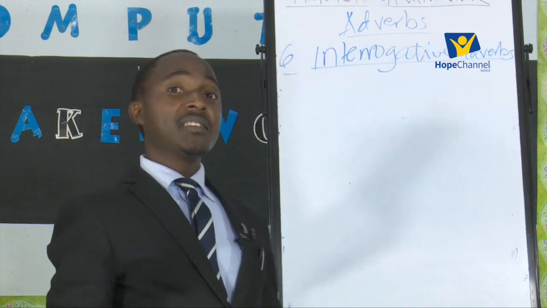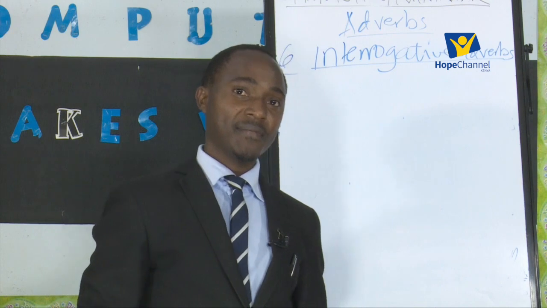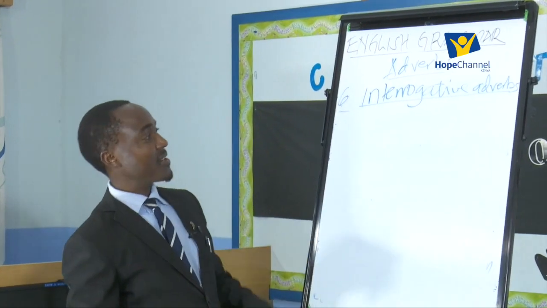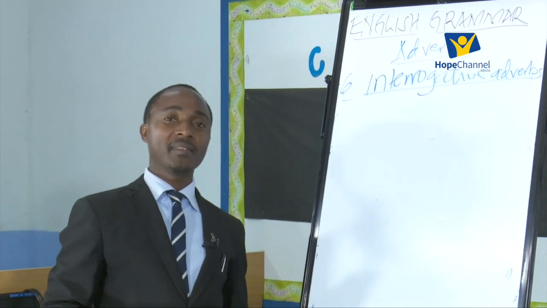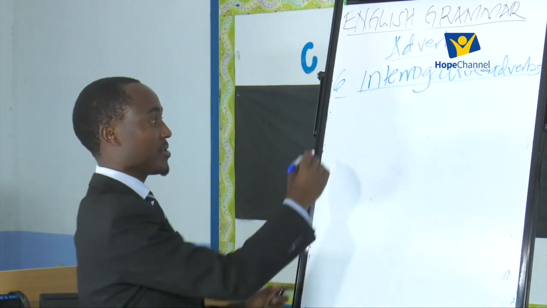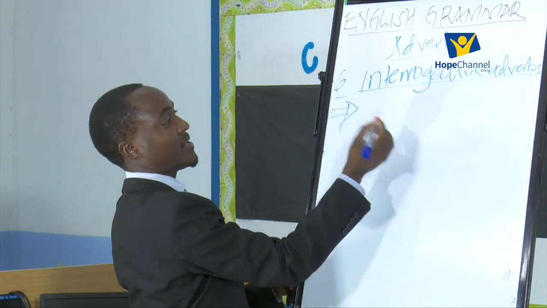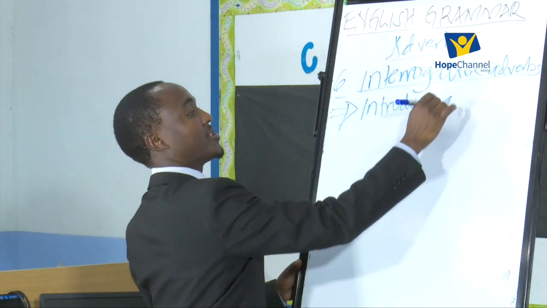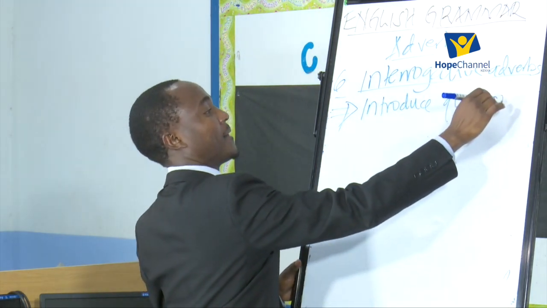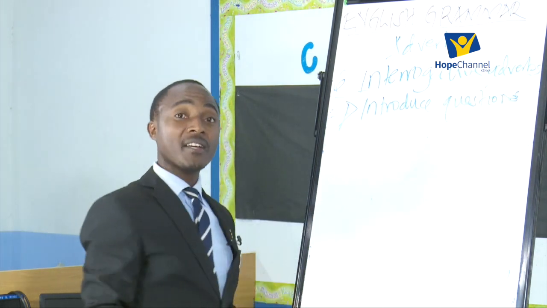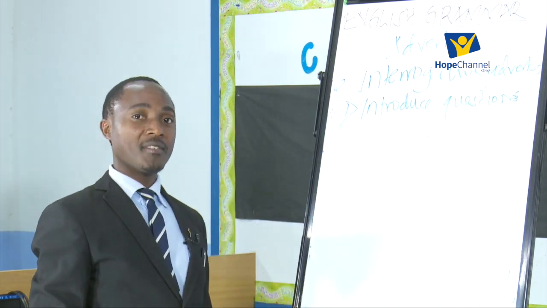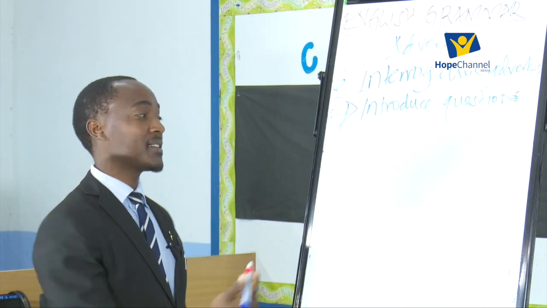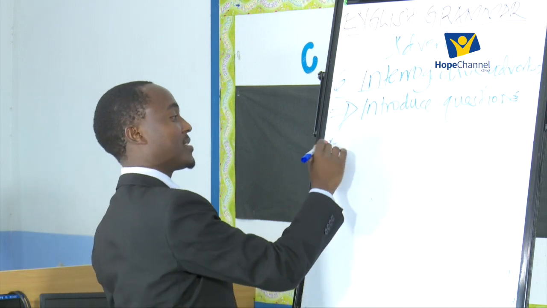To interrogate is simply to ask. So when we talk about interrogative adverbs, we're talking about adverbs that will help us introduce questions. That is the function of an interrogative adverb. So those that we were saying how you ask, now this is where we come. Examples in sentences.